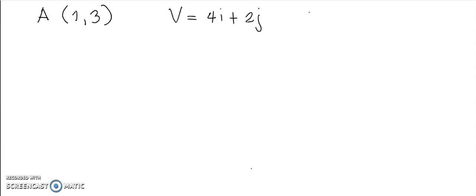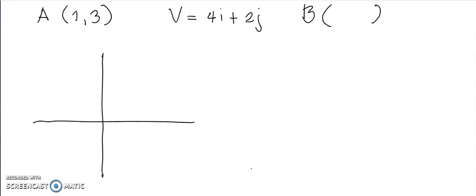So where is point B? We're looking now for point B. From here, let's try to do a graph. So in graphing, it says that point A is at 1 and 3. So point A is at positive 1 and positive 3. So this one is point A.